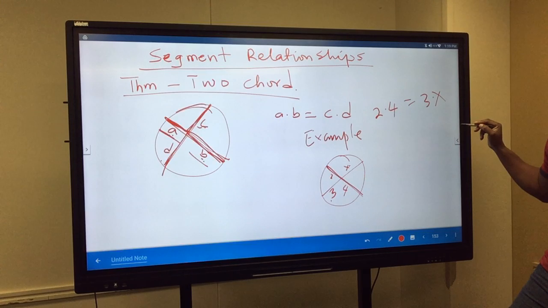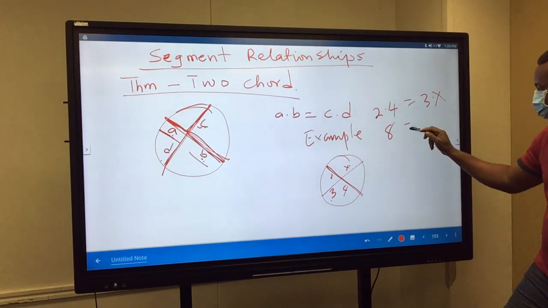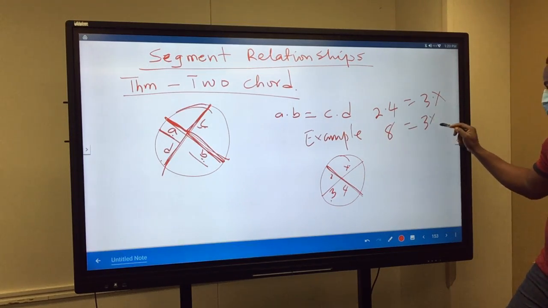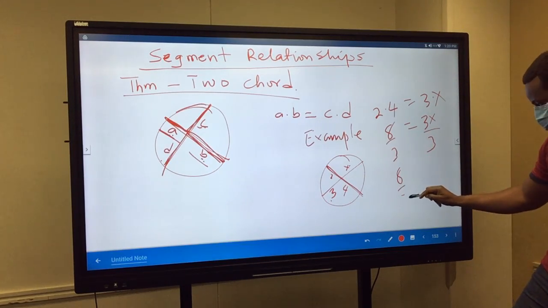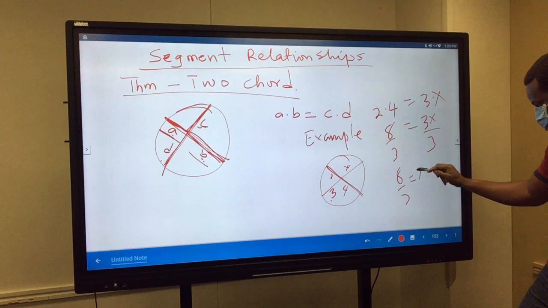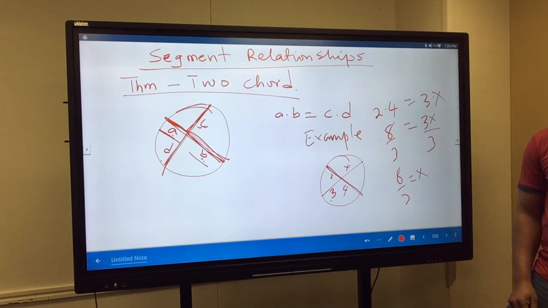So 8 is equal to 3x. Then divide by 3 on both sides, and 8 over 3 is equal to x.